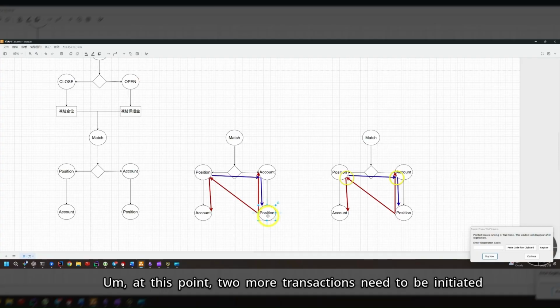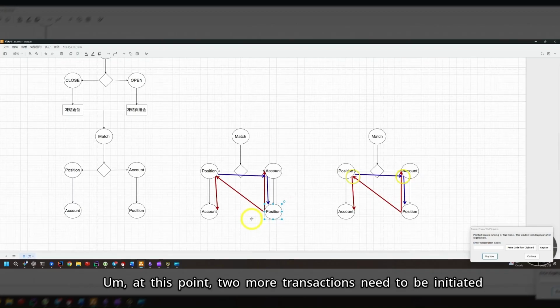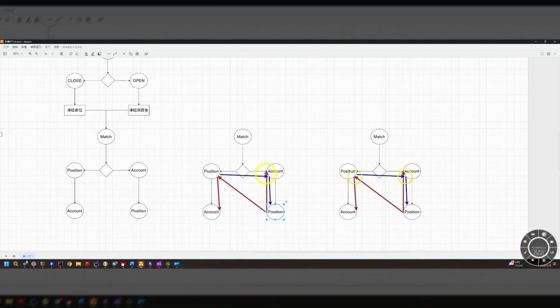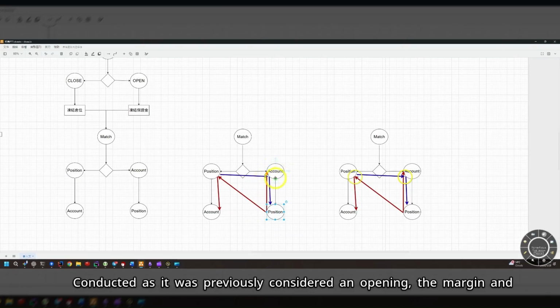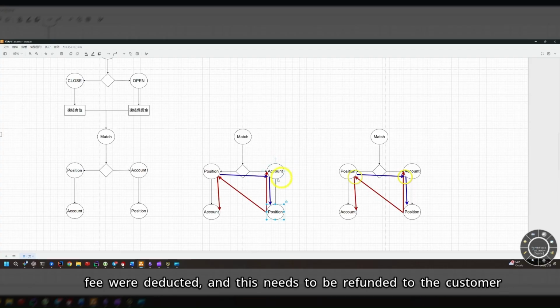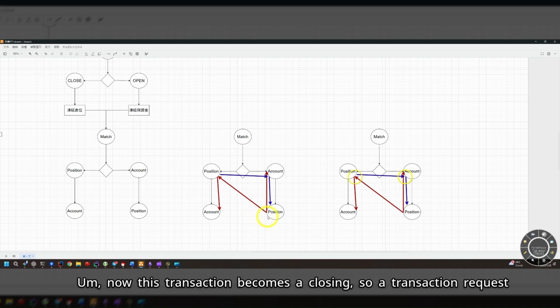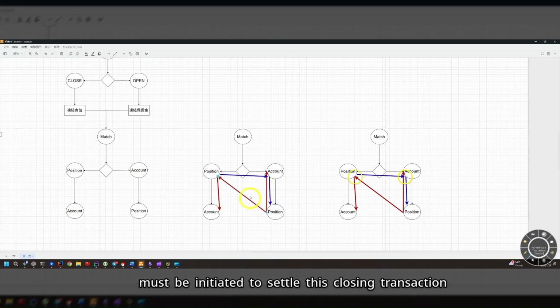At this point, 2 more transactions need to be initiated. The first transaction is to reach the previous step's account service. Conducted as it was previously considered an opening, the margin and fee were deducted, and this needs to be refunded to the customer. Now this transaction becomes a closing, so a transaction request must be initiated to settle this closing transaction.